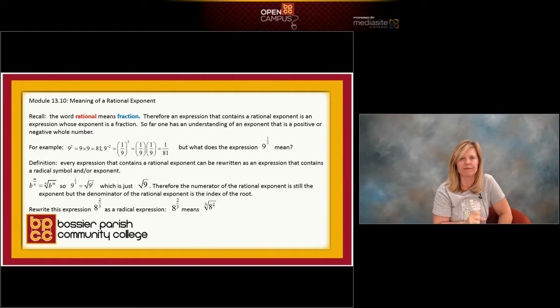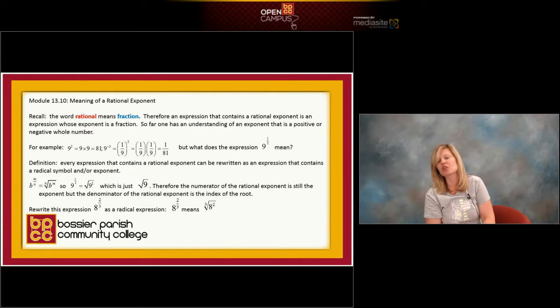So if you look, I have 9 to the first inside the root symbol. So 9 to the first is inside. That's the radicand. The denominator 2 is your index. Well, do we write an index of 2? No, because it's understood to be a square root. So when I write the expression 9 to the 1/2, that really means I'm doing the square root of 9 to the first. Make sense?